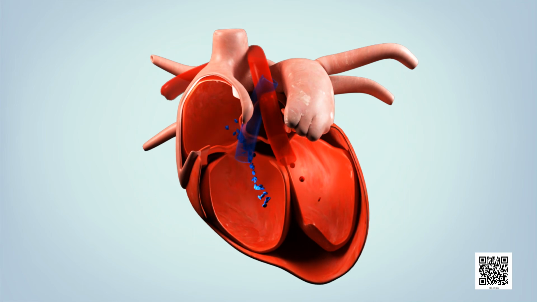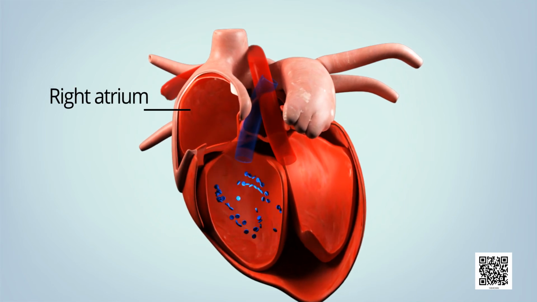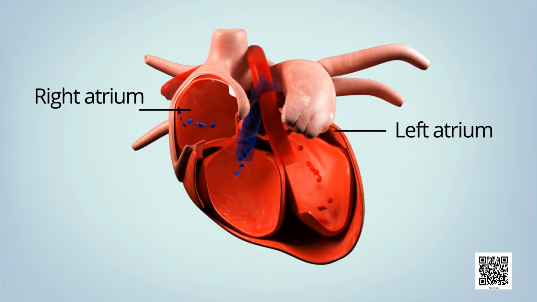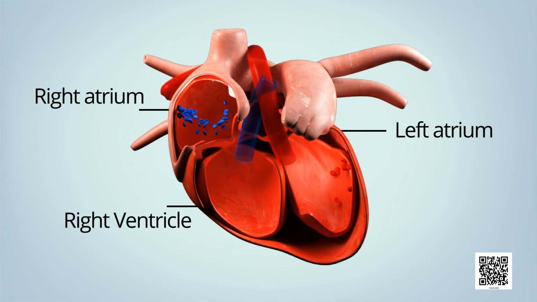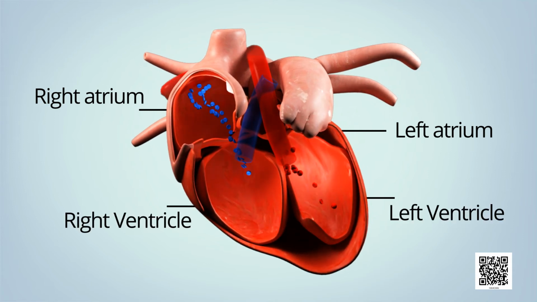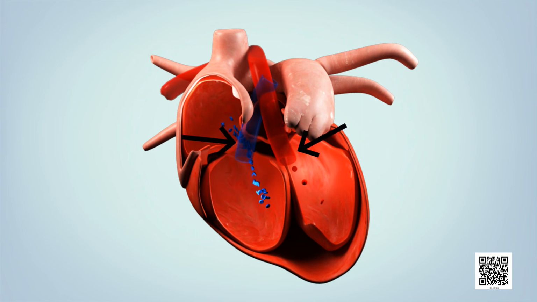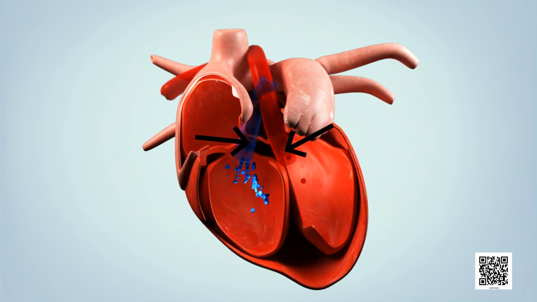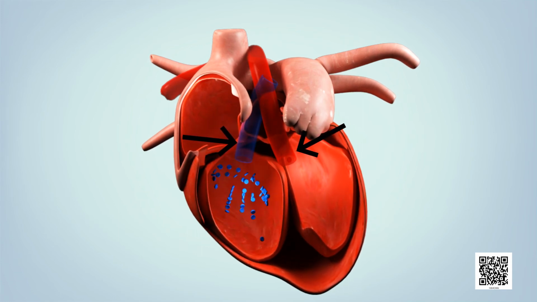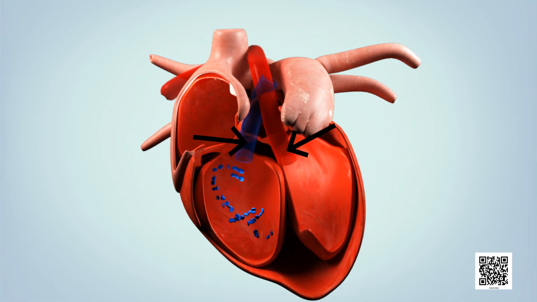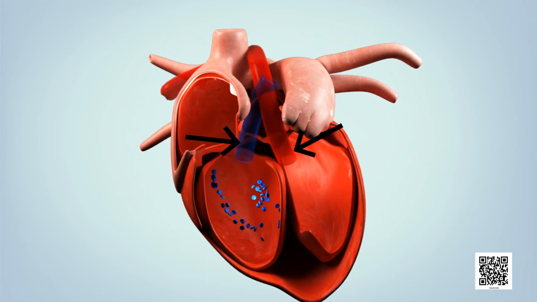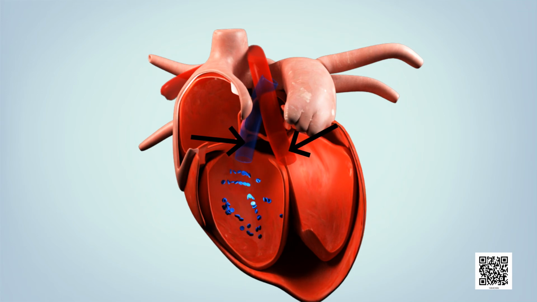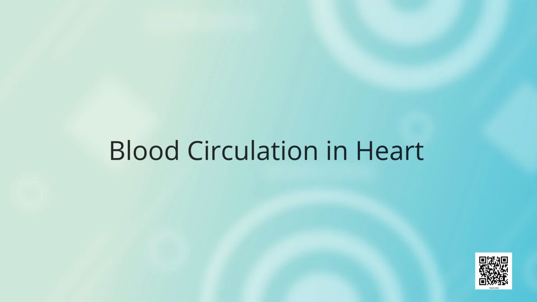The 2 upper chambers are called the atria and the 2 lower chambers are called the ventricles. The partition between the chambers helps to avoid mixing up of blood rich in oxygen with the blood rich in carbon dioxide. Valves prevent the backflow of blood. Blood circulation in heart.